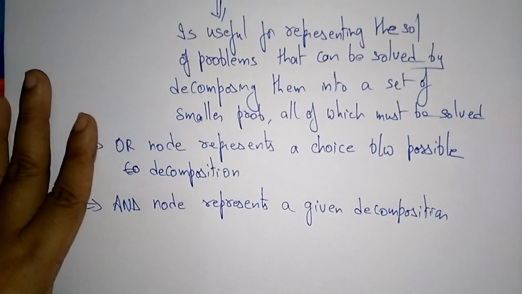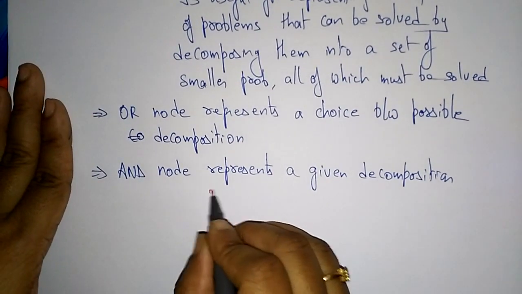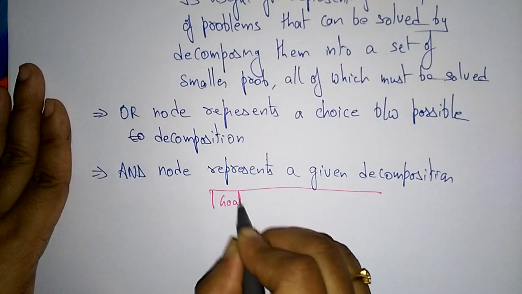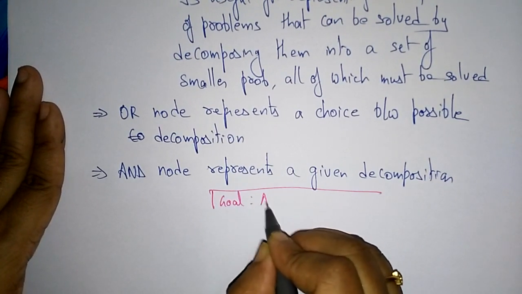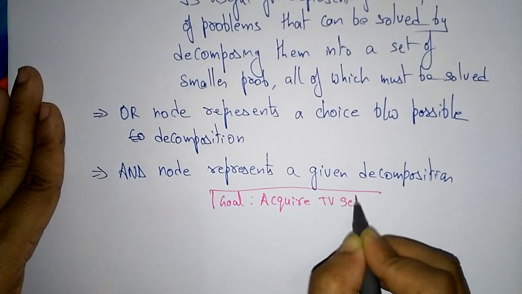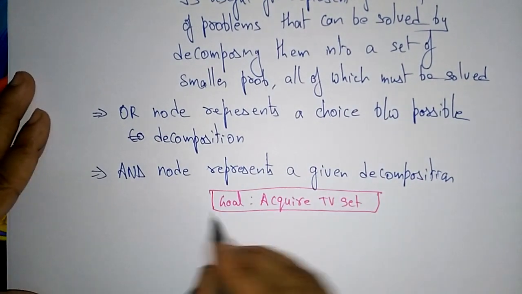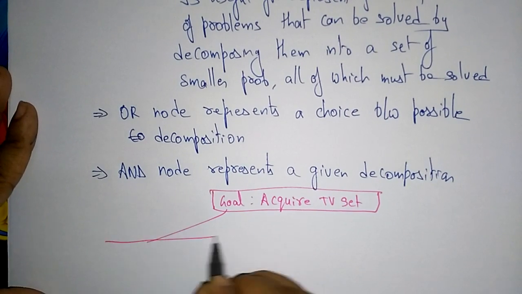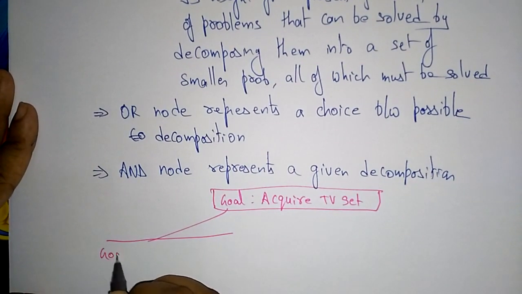So let me take an example for this. This is a general example that everyone takes. The goal is we have to acquire a TV set. Everyone takes this example because it is easy for understanding the AND or graph.